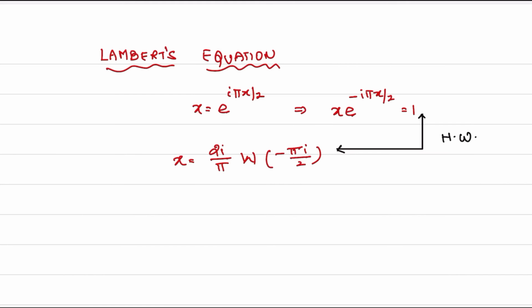You can take y equal to minus i pi x by 2. Then the above equation, x into e to the power of minus i pi x by 2 equal to 1, becomes, you replace the y value here.